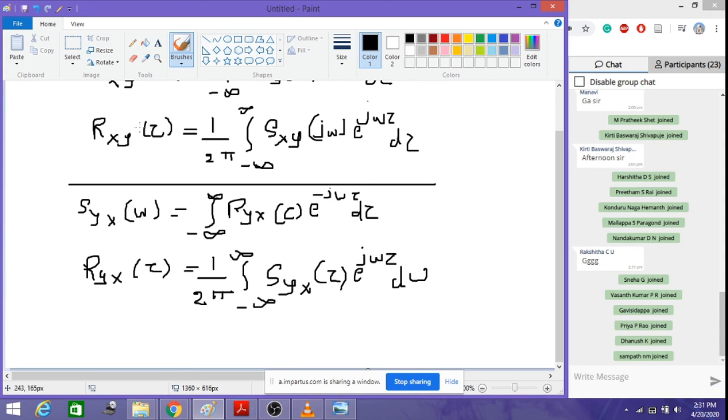Sorry, here this term is supposed to be d omega. So this is about the cross spectral density.